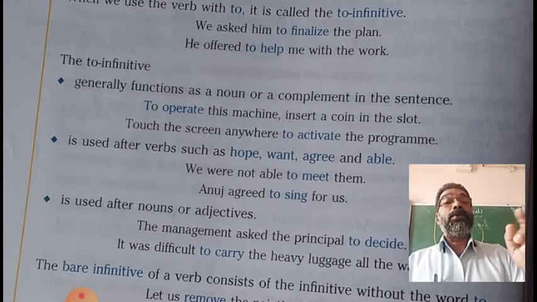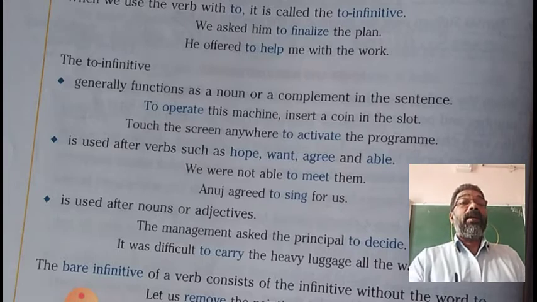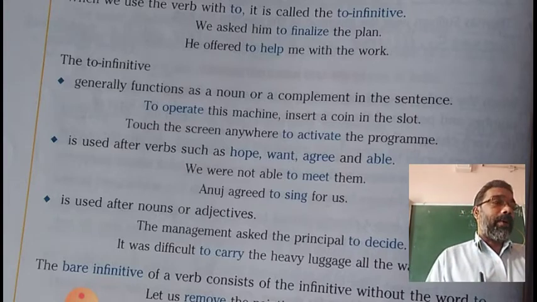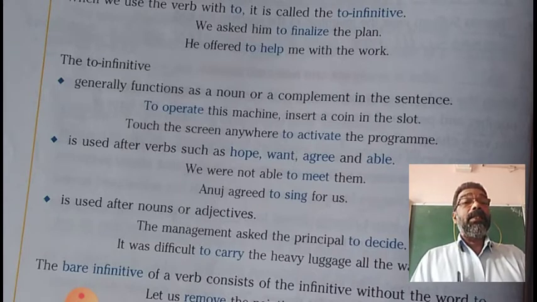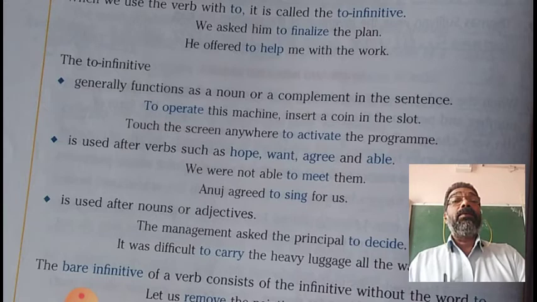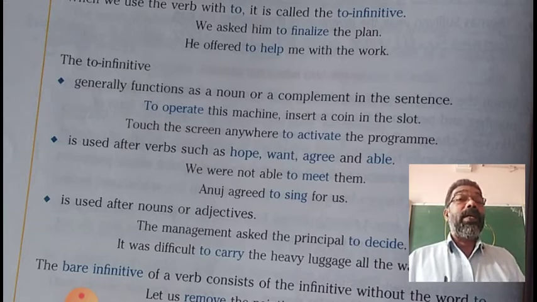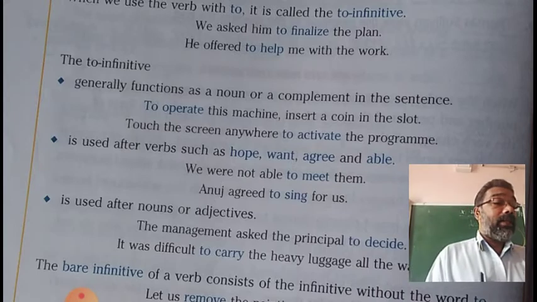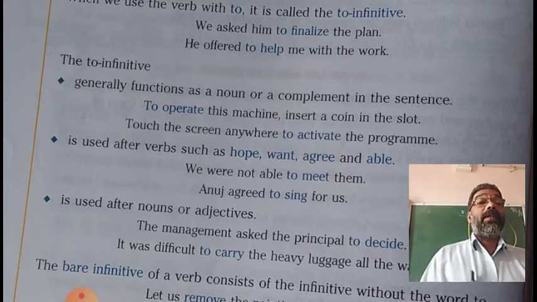Now that is also given here: Touch the screen anywhere to activate the program. So "to activate the program" adds some more meaning to the statement. So here "to activate" is functioning as a complement to the sentence "touch the screen anywhere".